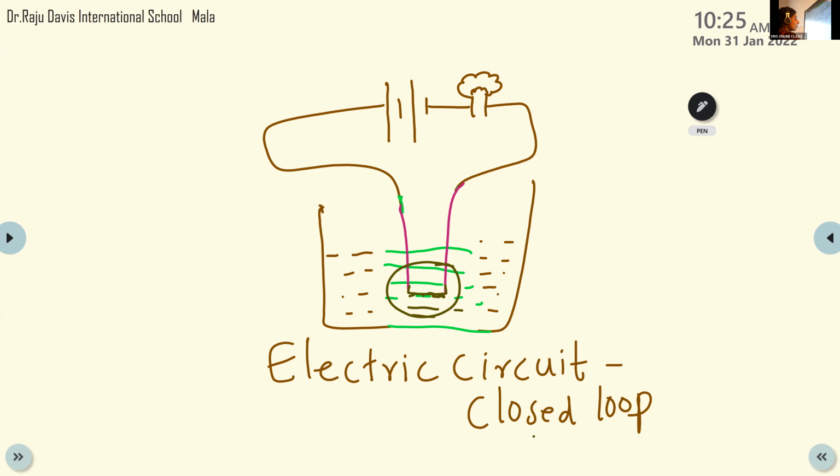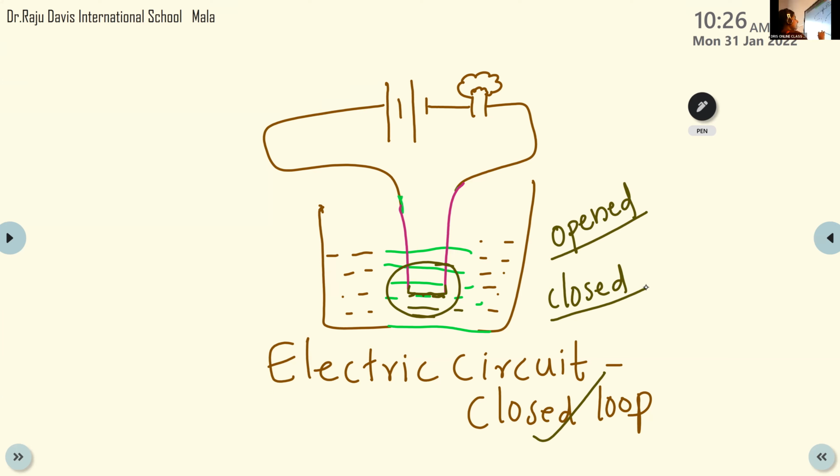So an electric circuit means a closed loop in which electricity passes. When we consider this figure, if the liquid is contacting, it becomes closed. When the liquid between two wires is contacting, the circuit is closed. Otherwise, the circuit is open. There is a gap.